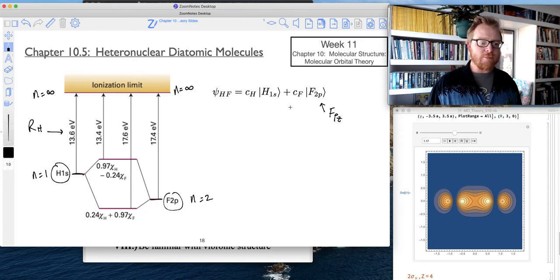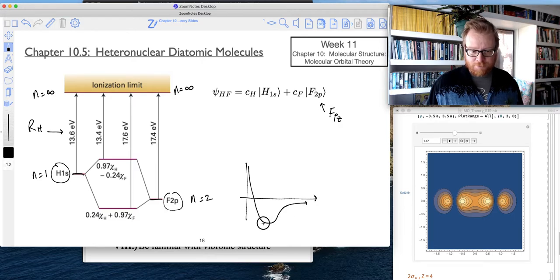Now, I'm going to go through this in a little more detail next week, how we can start computing these energies. But effectively, what we're looking at here is the bound state for HF, okay?